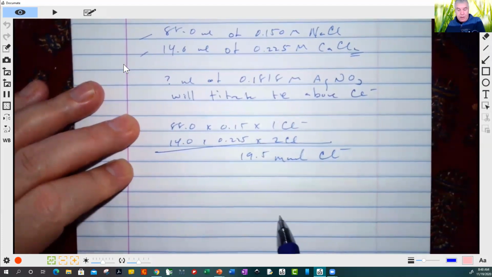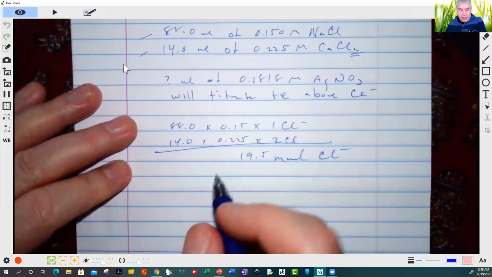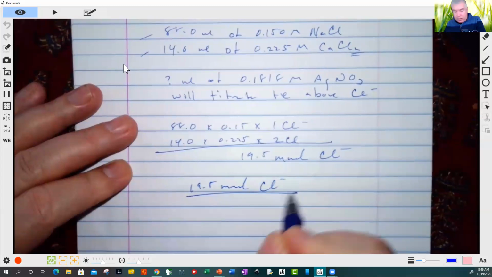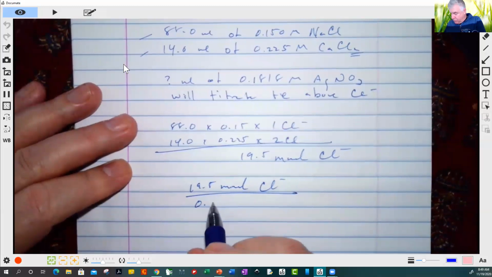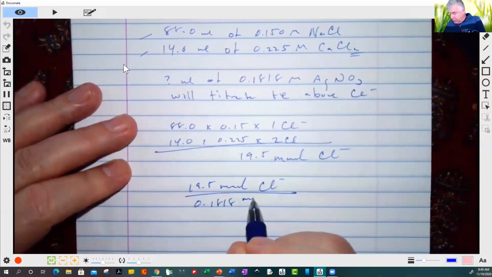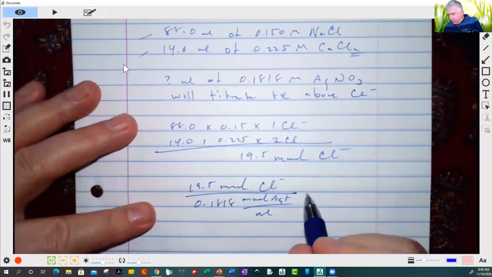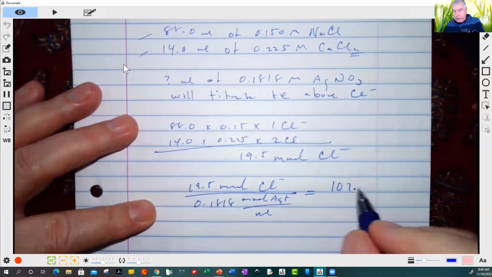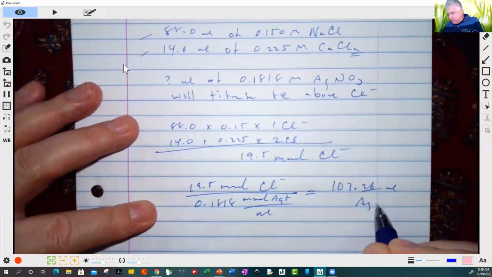And now VE is going to be 19.5 millimoles of chloride divided by 0.1818 millimoles of silver per milliliter. This will equal 107 mL of AgNO3.